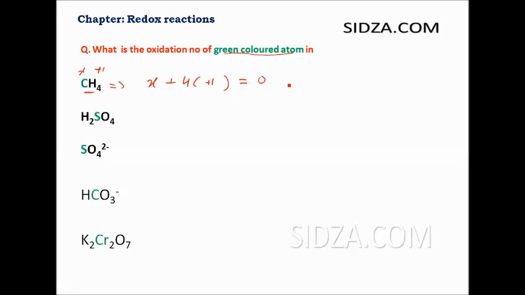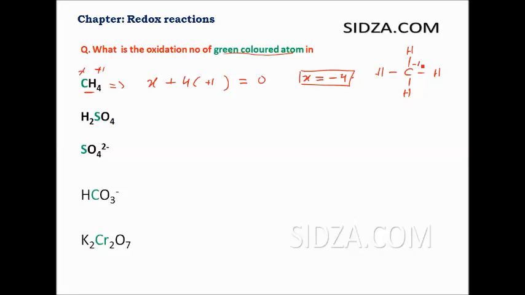So total charge is 0. Therefore X will be equal to -4. This is 4 into 1, that is 4, so it will be -4. So in methane, CH4, the carbon has an oxidation state of -4.